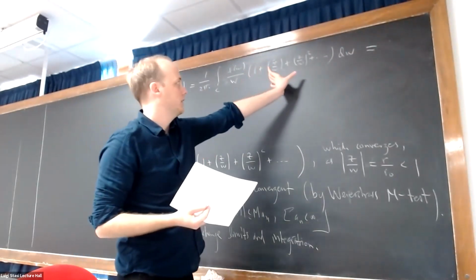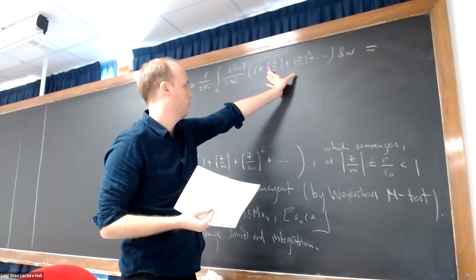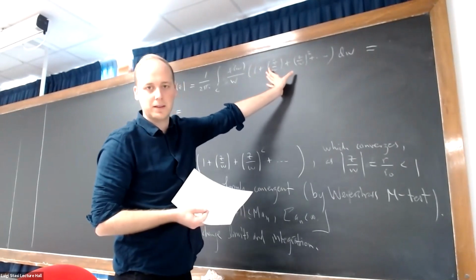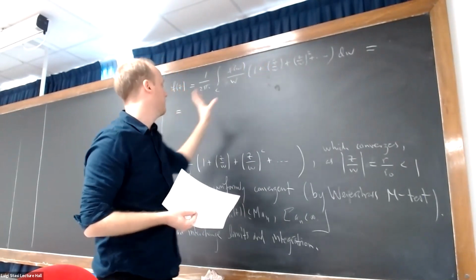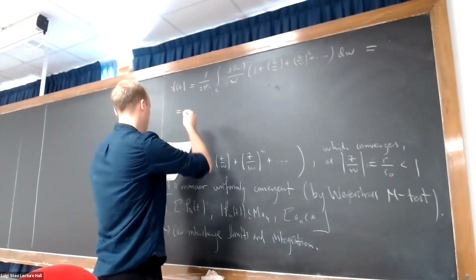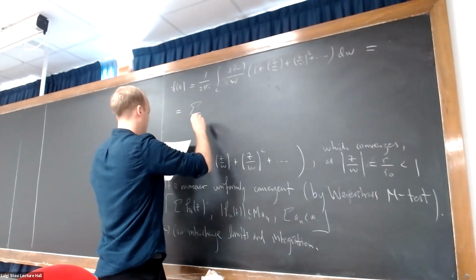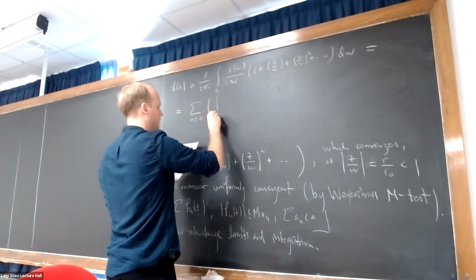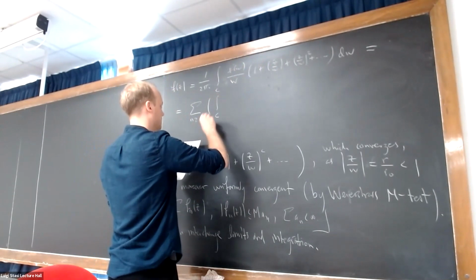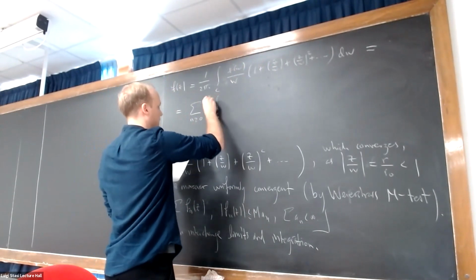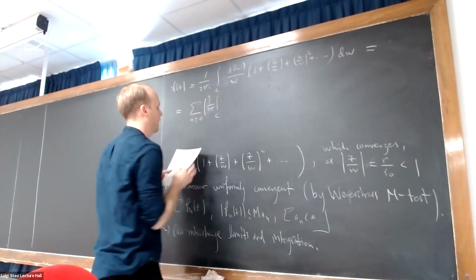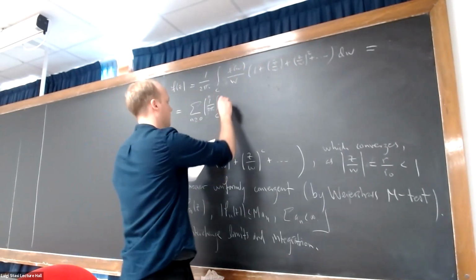Now I interchange the limit. So this sum has a built-in limit in it, right? So I interchange the limit with the integration, and I get that this is equal to the sum of the integral over c. So I could put the 1 over 2 pi i somewhere, put it here.